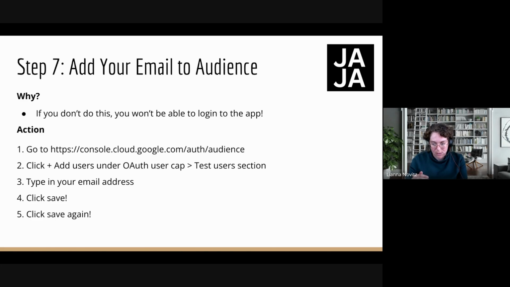So that's where you will add yourself to the audience. Otherwise, when we're running the app, you won't actually be able to log in, which is the whole point. And don't forget to click save twice, because Google is weird like that.